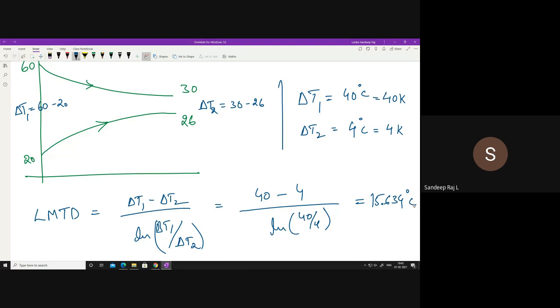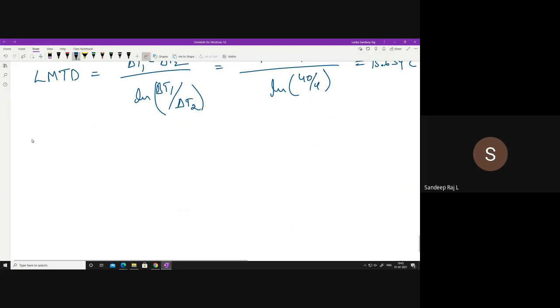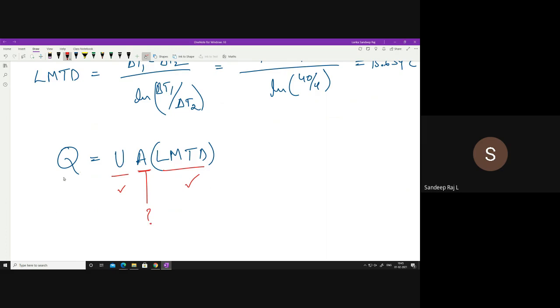Both are okay, both are equal. So you're done with LMTD. What he's asking you to find is the area. So if you want area here, Q is equal to UA LMTD. This LMTD value is known to you. U value is given in the question. Area value is unknown. So what you should know? Q you should know.